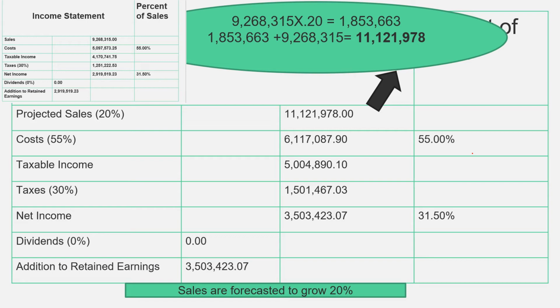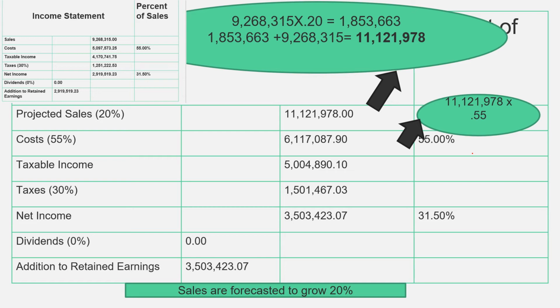Next, in order for us to get the amount of cost, we have to multiply the resulting figure, the projected sales, by 55%. That's how we'll get the 6,117,087.90.